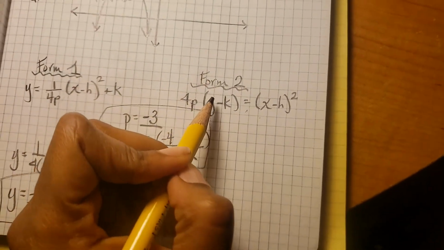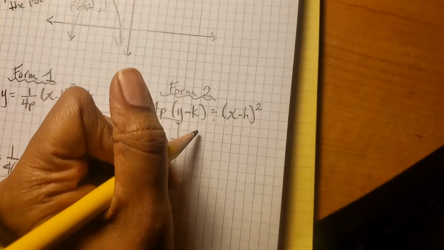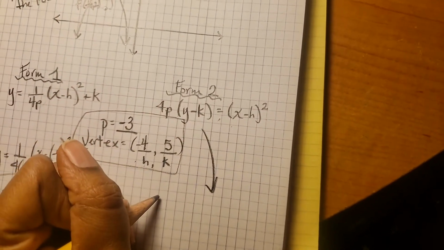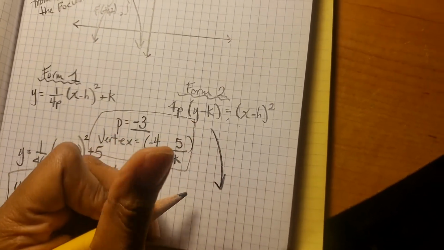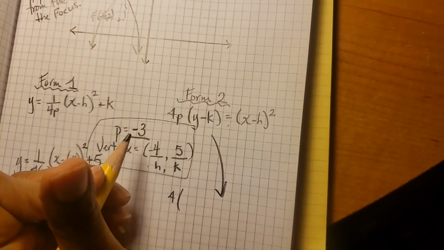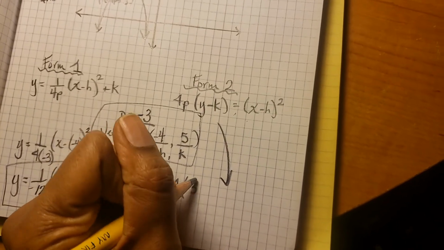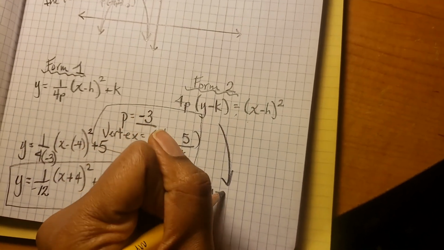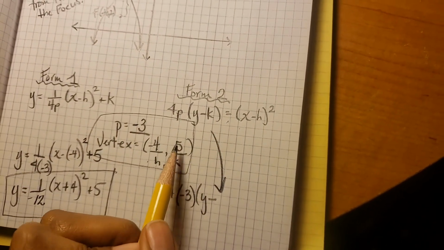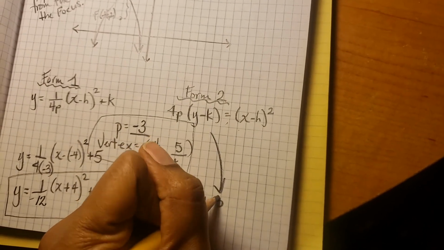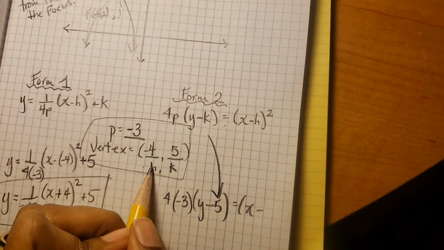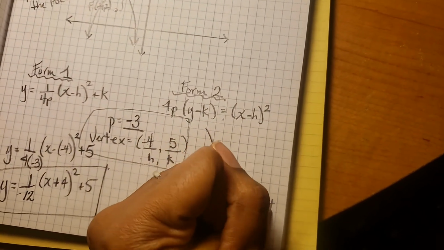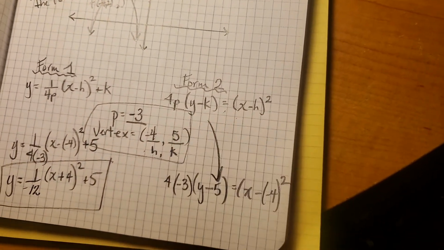And now I can also do it in this form. The only difference is y is by itself here. Here, y is not by itself, okay? So 4 times p is -3, times y minus k is 5, equals h minus -4 squared.